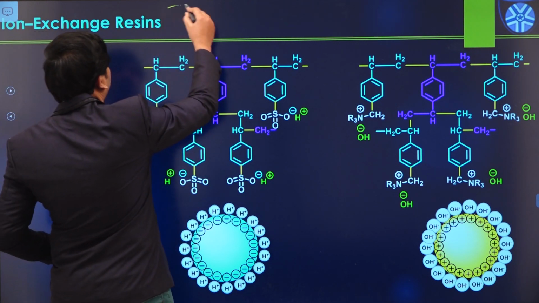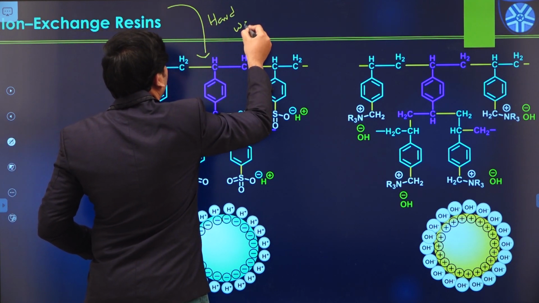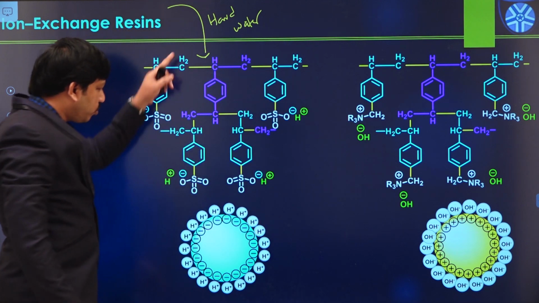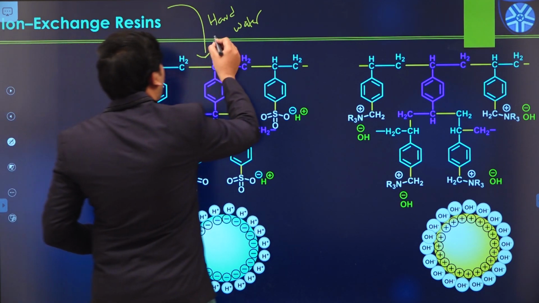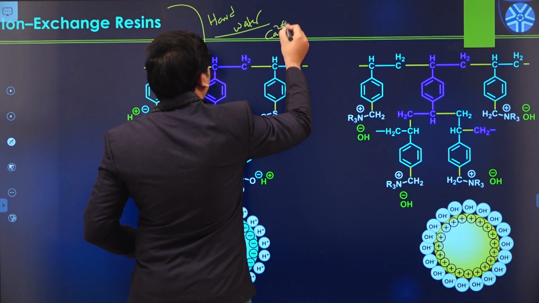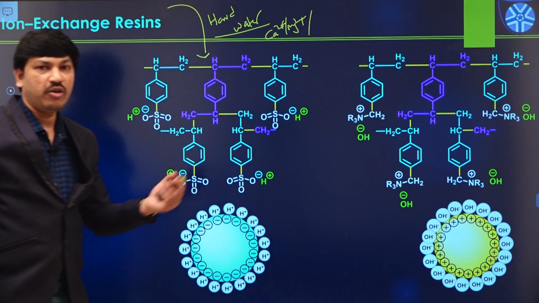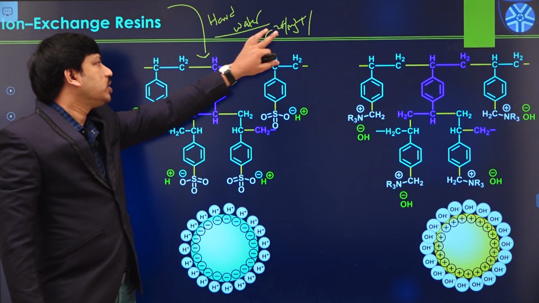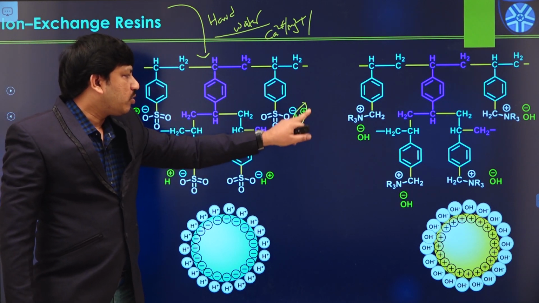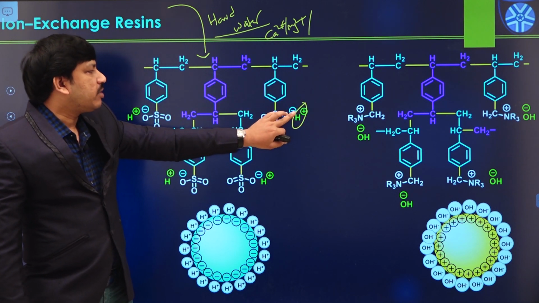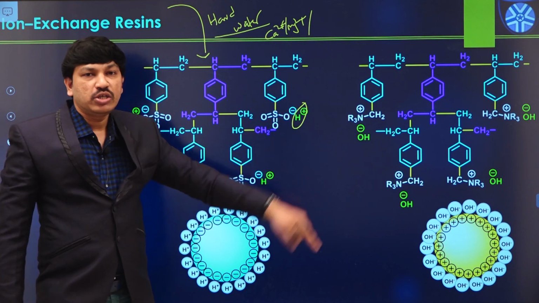Whenever you send hard water through this cation exchange resin, what will happen? This hard water sample contains either calcium 2 plus or magnesium 2 plus or any other heavy metal ions available in the water medium. These cations are exchanged with the protons, occupying those positions and releasing the protons into the solution.